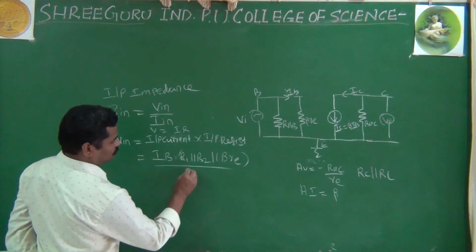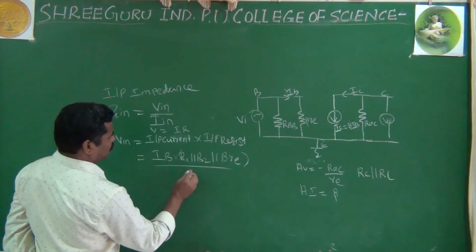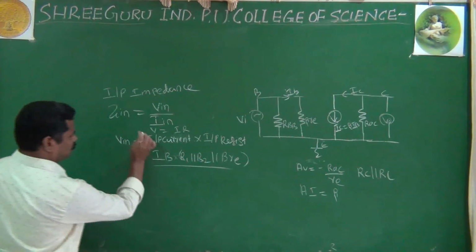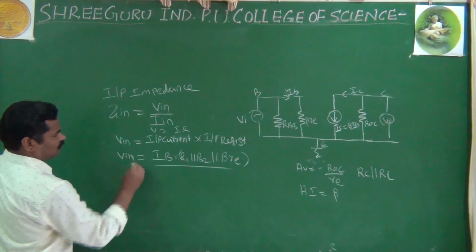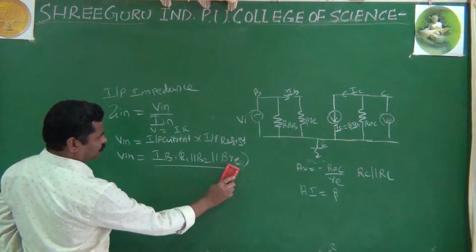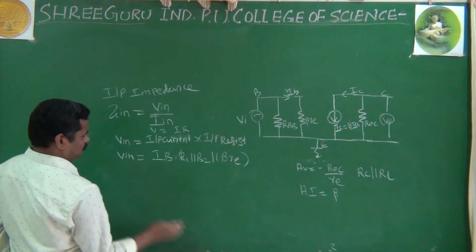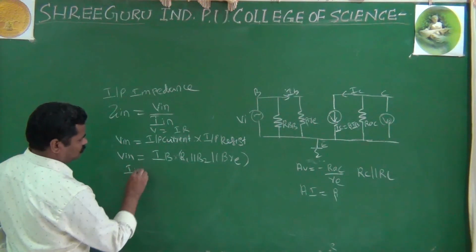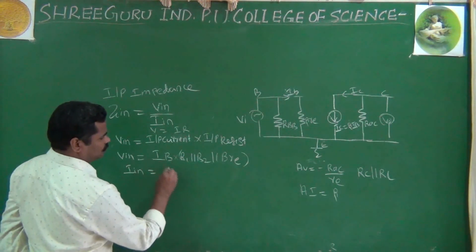You can write I in divided by I in. What is the I in? I in is nothing but your input current, which is IB.